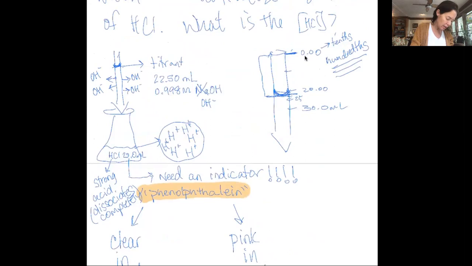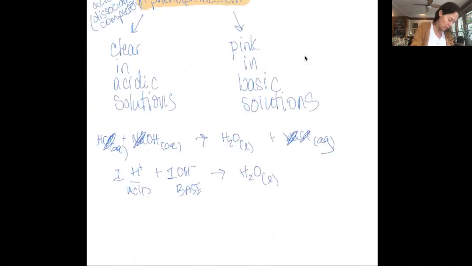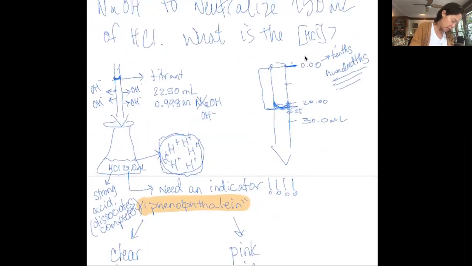And in here, I have my hydrogens, right? So every hydroxide I add will grab a hydrogen and make a water, right? So I need to continue to add this to this so that every hydrogen is removed by one of the hydroxides, right?